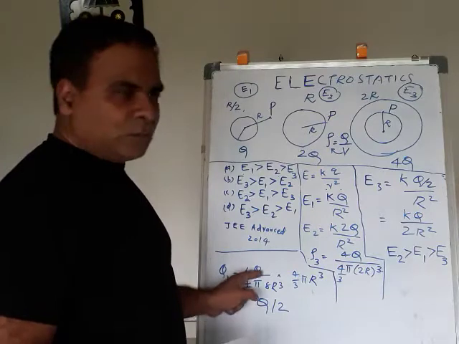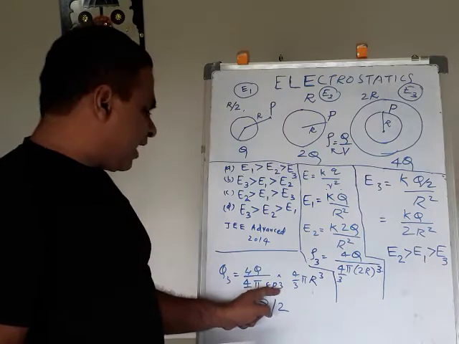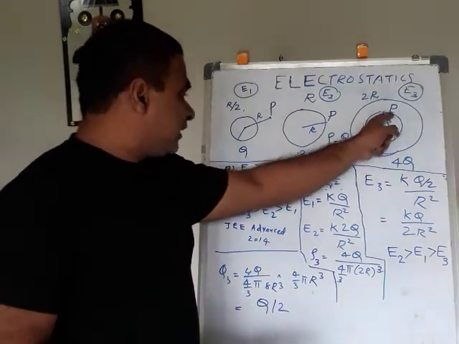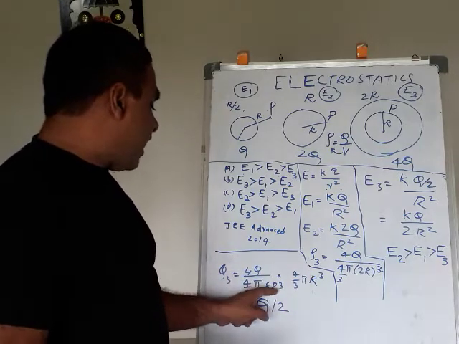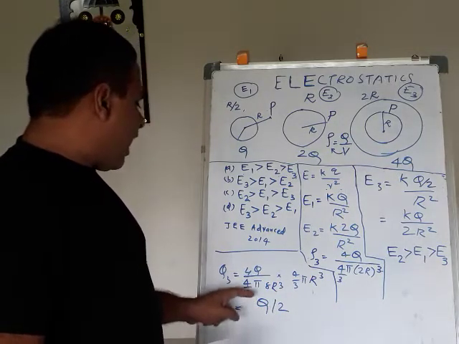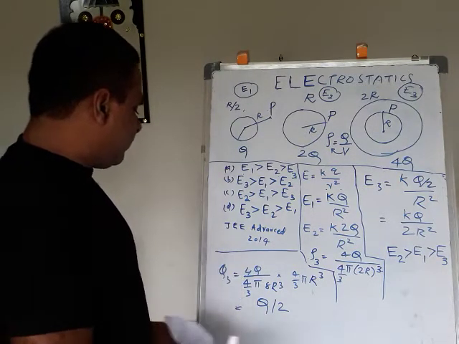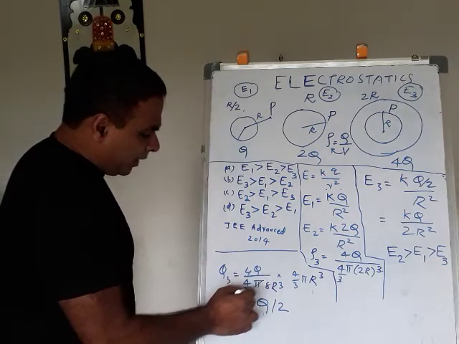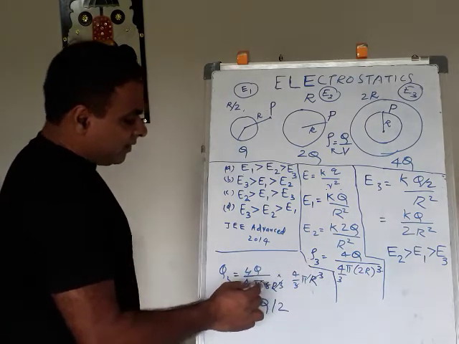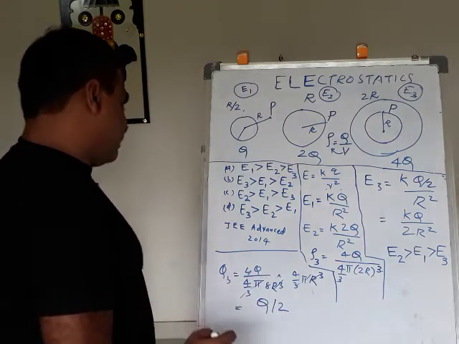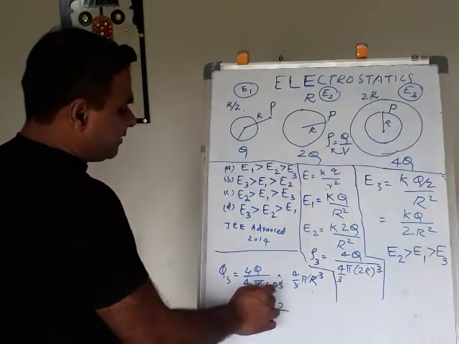So it is equal to 4Q by 4 by 3 pi (2R) the whole cube, which is 8R cube, into 4 by 3 pi R cube. The 4 by 3 pi, 4 by 3 pi, and R cube all cancel, and 4 and 8 get cancelled.